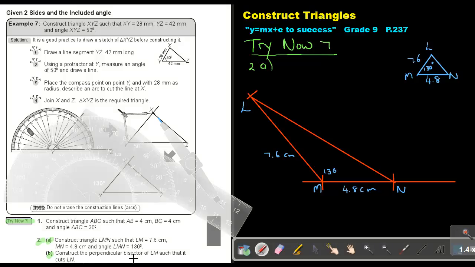Construct the perpendicular bisector of LM, such that it cuts LN. Okay, but it's the perpendicular bisector. Can you still remember? This is good revision. Let's go back. Take this. We just work with this.